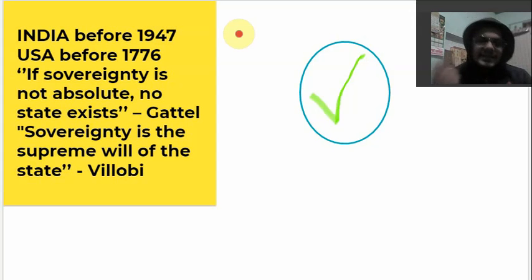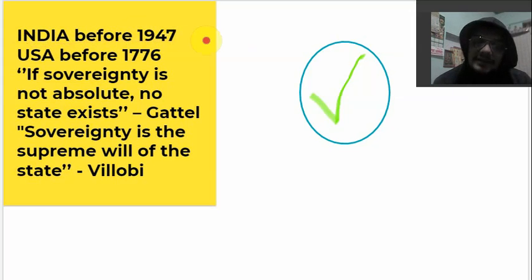Now we will understand this definition and everything with examples. I will give you 3-4 examples and you will be completely clear on this. Now look at this: India before 1947. Before 1947 we had area, we had population. Even if it was the British government, we also had a government. But what we were lacking was sovereignty, because our decisions were not being taken by us.